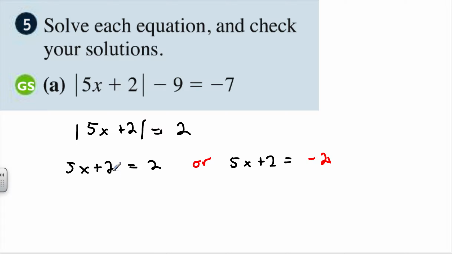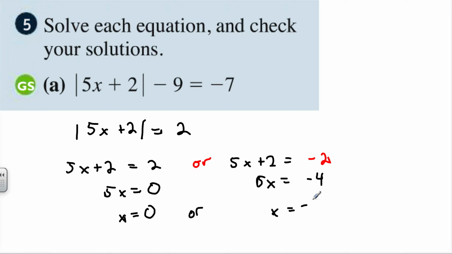So then if we solve from here, if we subtract 2, we get 5x equals 0. So then x equals 0. Or subtract 2, 5x equals negative 4. x equals negative 4 over 5. Okay. So it's a good idea to check these because sometimes the algebra will be correct, but if you don't check it, it won't work.